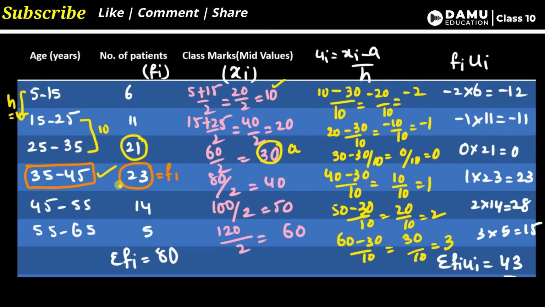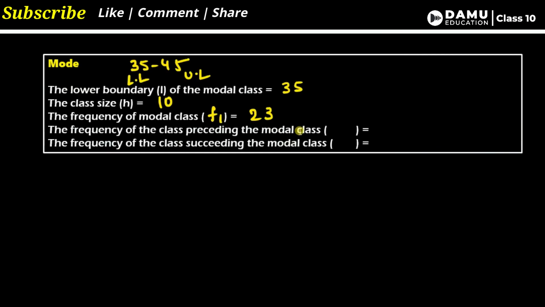So that is F naught, or F0, and for that it is 21.